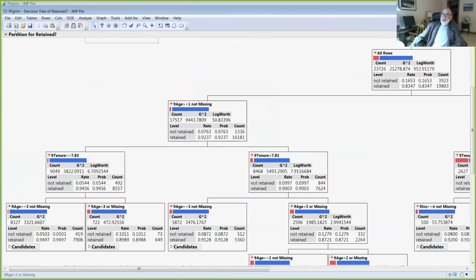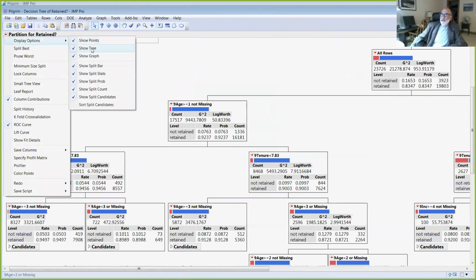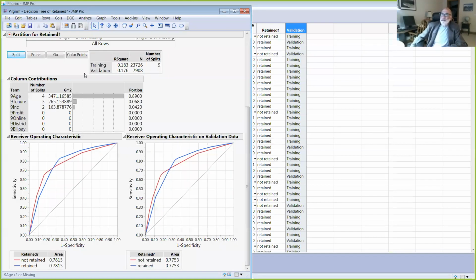And maybe actually, so that I don't have to keep scrolling as much, let's not show the tree. That's a lot better. I can just keep getting split. All right, there's about 30, 40 splits.